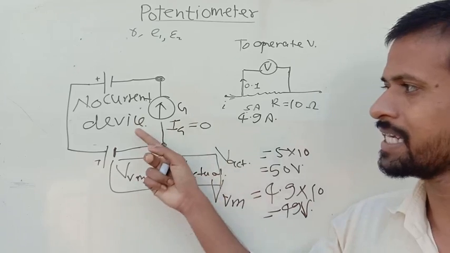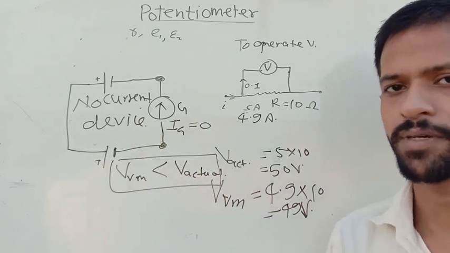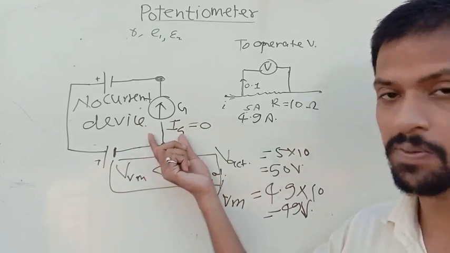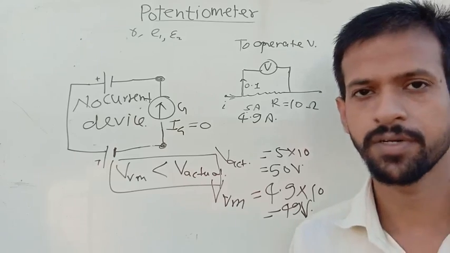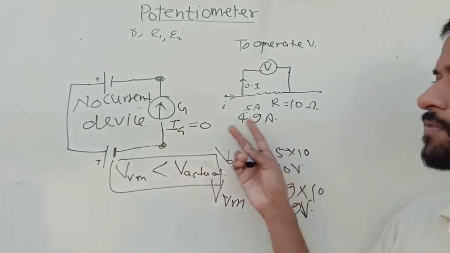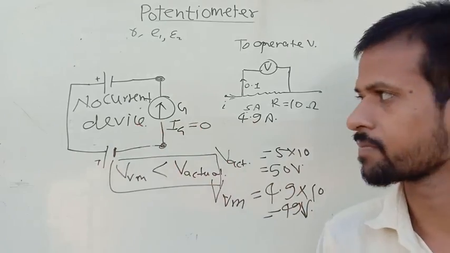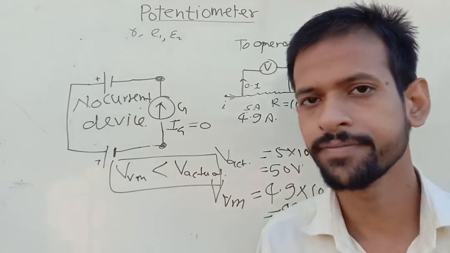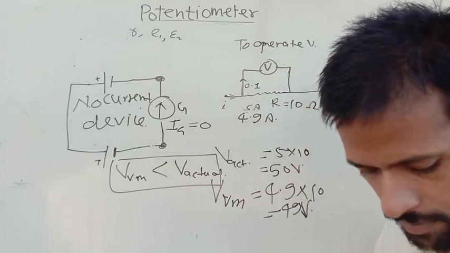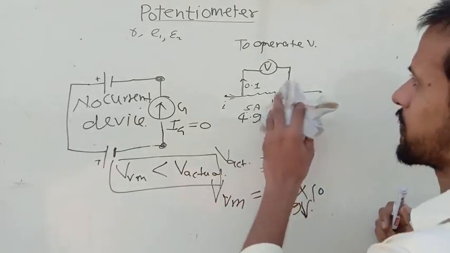So this is the advantage in this type of device, that it requires no current and accuracy is more, and it gives the accurate value. So in place of a voltmeter, we use this type of device, the no current device, that we call a potentiometer.